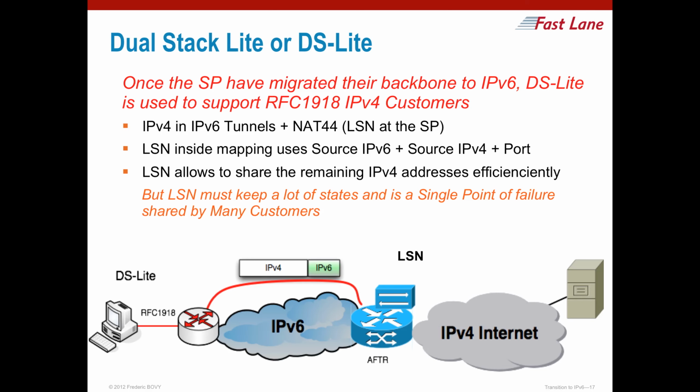DS-Lite is a solution where we actually tunnel the traffic from the customer to the service provider. So it is encapsulated within IPv6, and when it arrives at the service provider, it is decapsulated, and the private address is translated to a public address before it is sent to the IPv4 Internet.